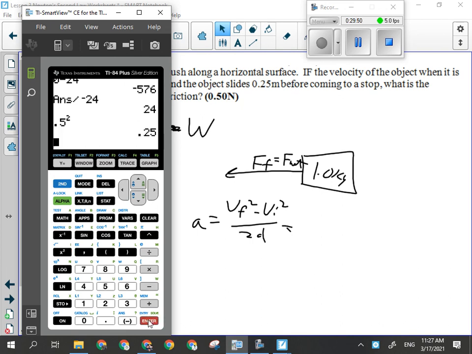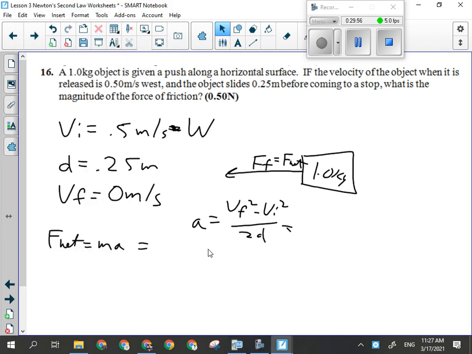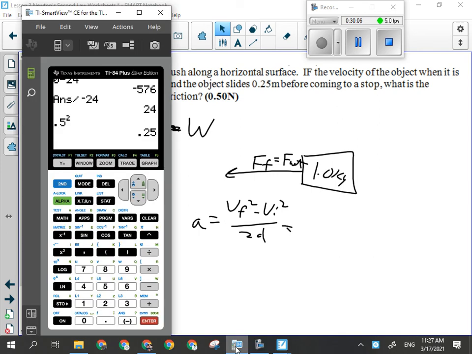And divide by 2 times 0.25, and we're going to get 1. So 0.5 meters. Everybody all right with that?